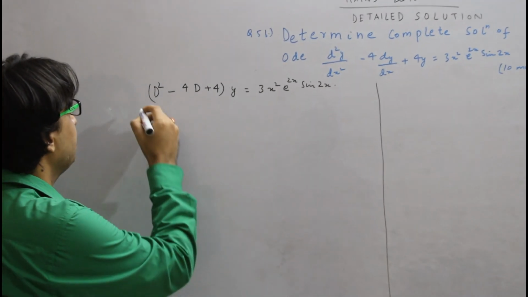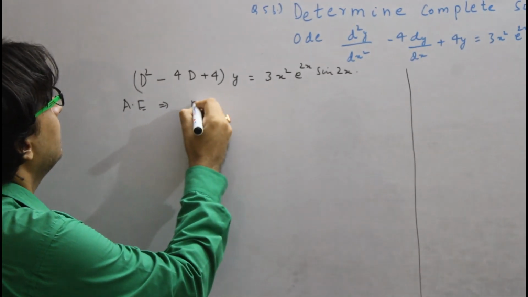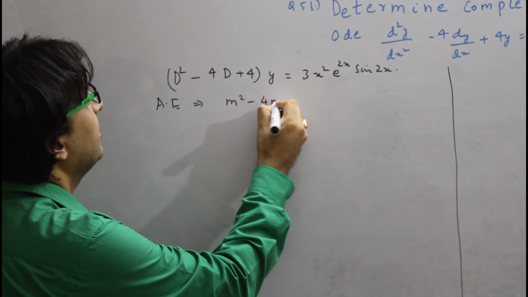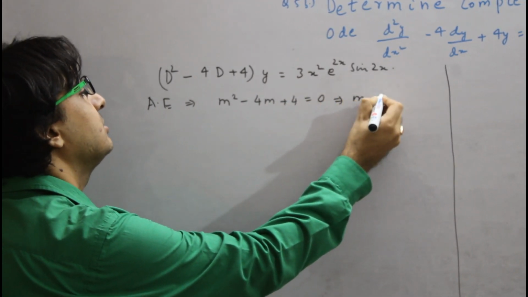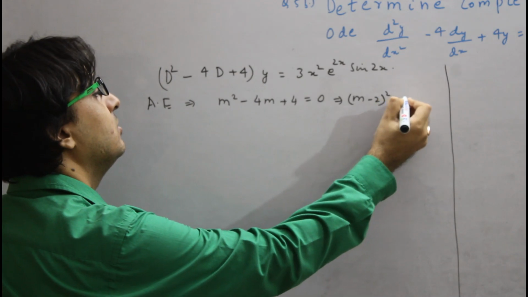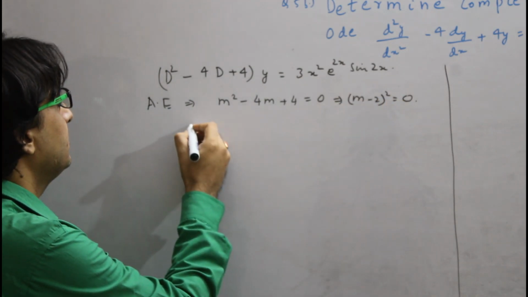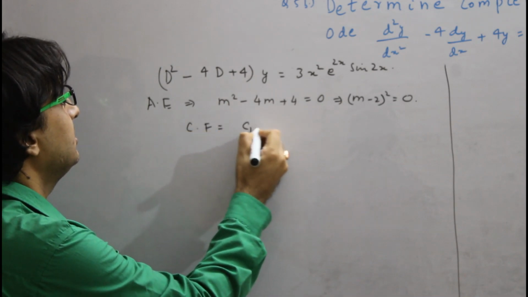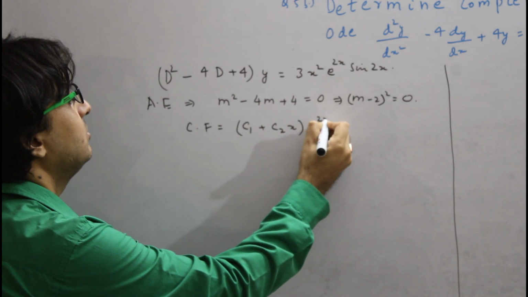So first we have to find the auxiliary equation, that is m square minus 4m plus 4 is equal to 0. So this is (m minus 2) whole square is equal to 0. So here roots are repeated, so its complementary function is (c1 plus c2 x) e to the power 2x.